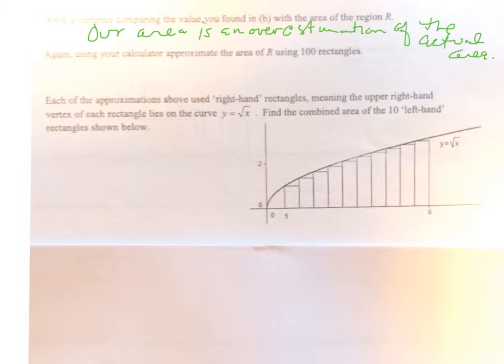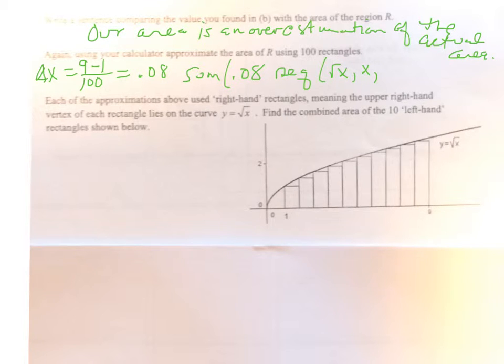Again, using our calculator to approximate the area of R using 100 rectangles, that just means that our delta x is going to be our endpoints subtracted from one another divided by the number of rectangles. So instead of having 8/10, I'm going to have 8/100. And you can do the same thing, sum times our delta x, our sequence, our function.